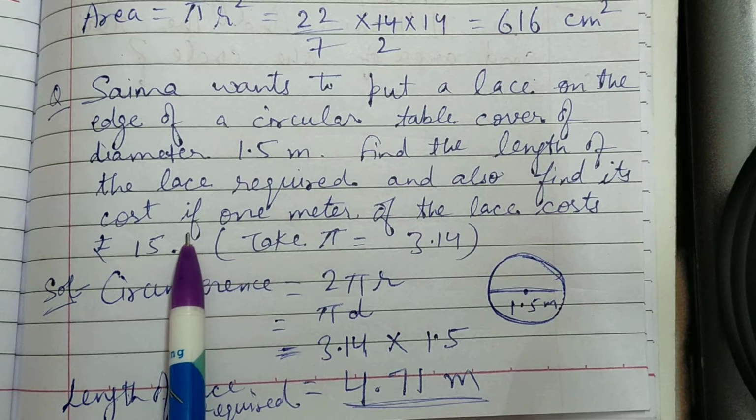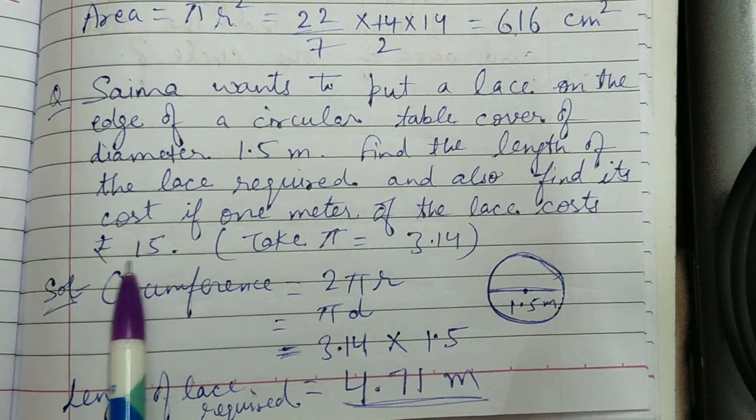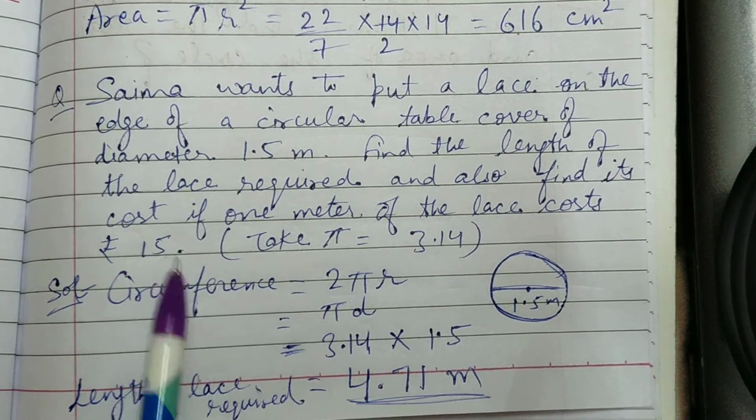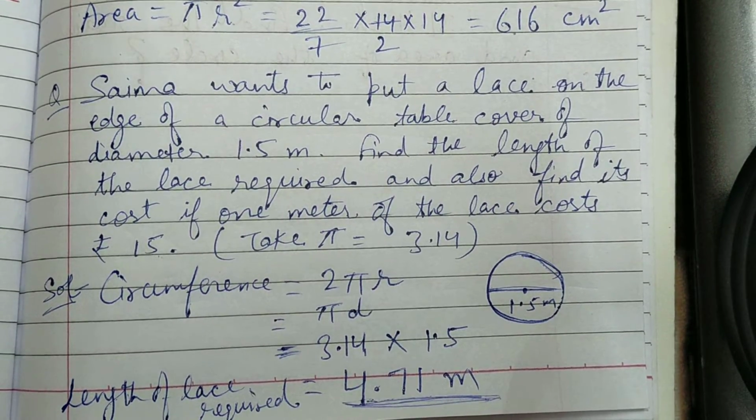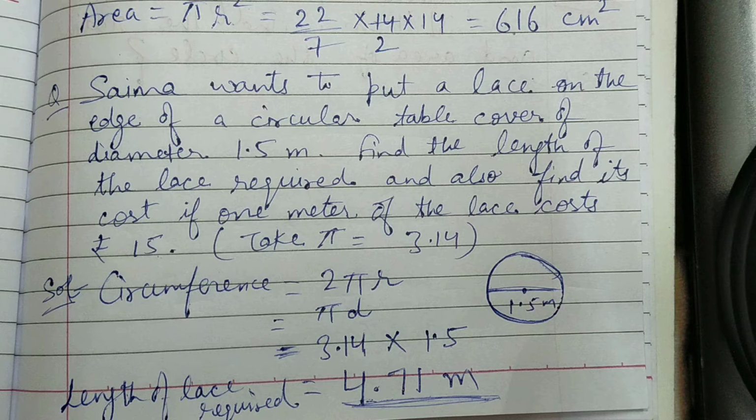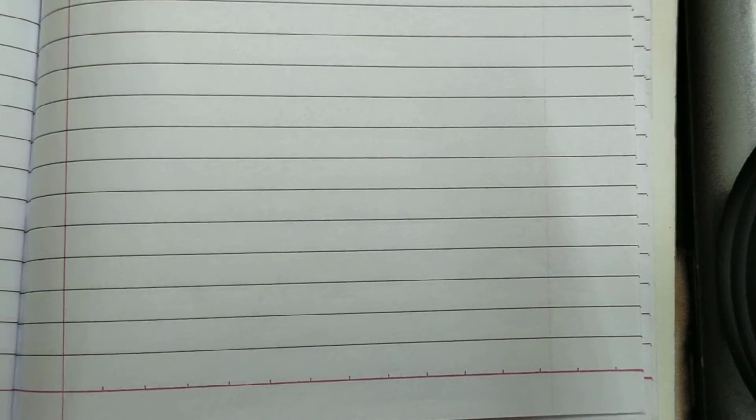Now we have to find the cost also. If 1 meter costs rupees 15, then what will be the cost of 4.71 meter? We have to multiply it by 15. So find the cost by multiplying it by 15.